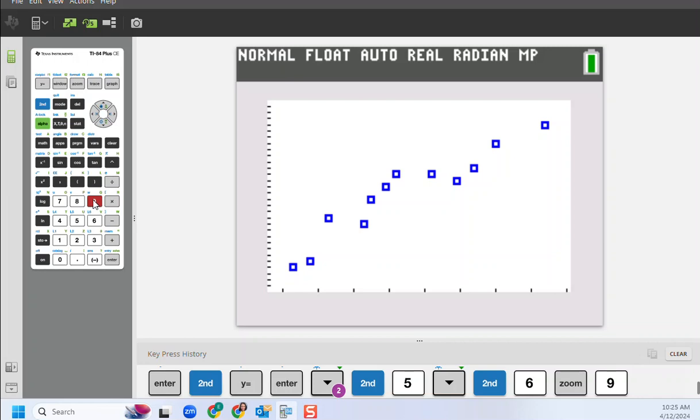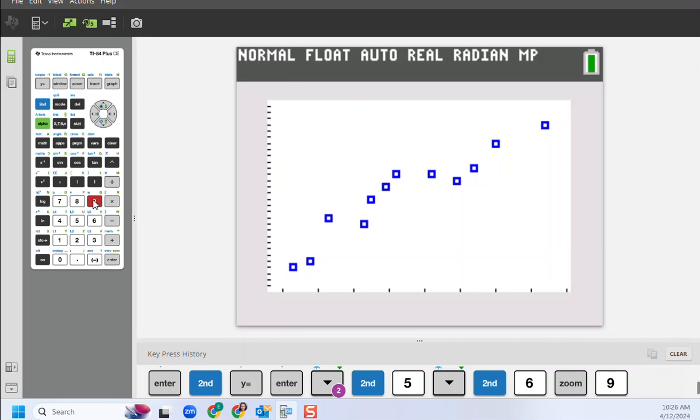So I'm going to sketch that onto my paper. If they would line up in a straight line, they would be perfectly linear. This one is kind of close. Okay, let's do R sub P to see if Pearson's coefficient agrees that we have a strong linear correlation. So I'm actually going to do that before I go back to B. I'm going to do stat, calculate, and LinReg.